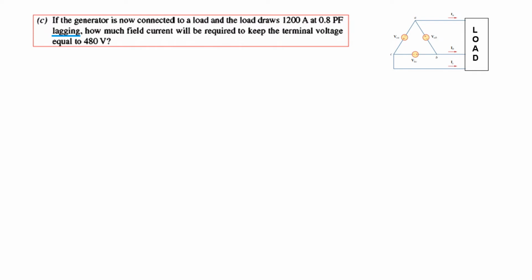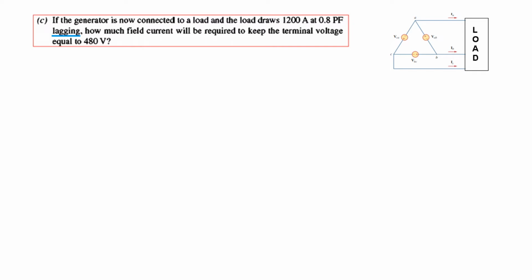Okay. The next question is, if the generator is now connected to a load and the load draws 1200 ampere at 0.8 power factor lagging, how much field current will be required to keep the terminal voltage? Now there is a load and current is flowing, so there will be drops in the circuit.